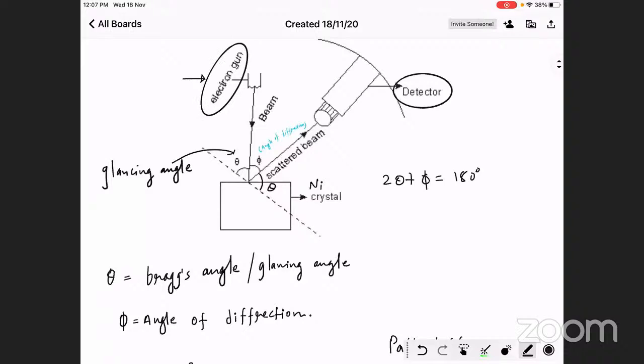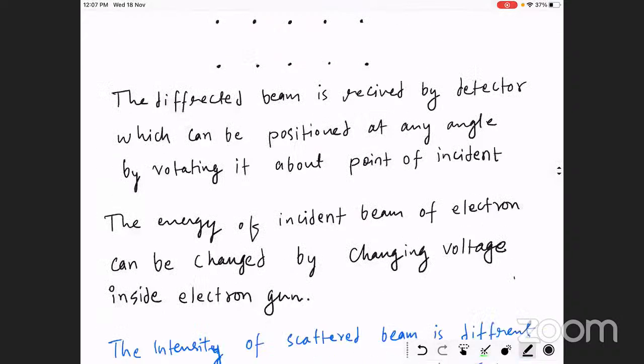They can keep changing the accelerating potential, and at the detector they are checking the intensity. Understood? What is the use of the detector?